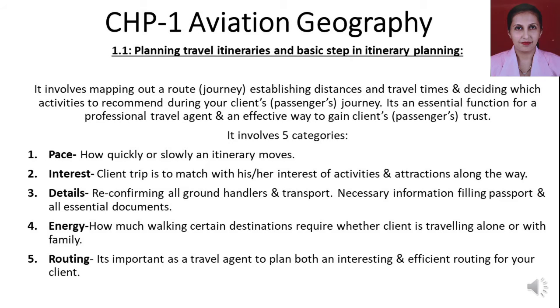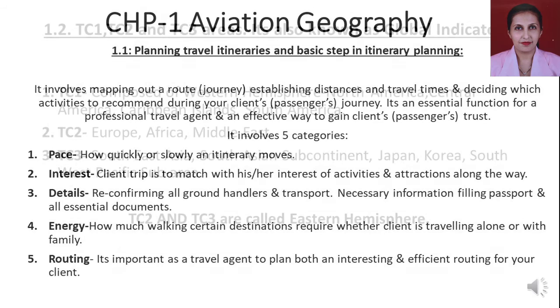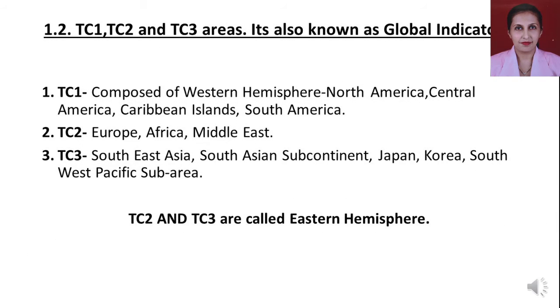We know, according to aviation as a subject or a discipline, the whole world map or the whole world is divided into 3 categories, and that is what is known as TC1, TC2 and TC3 areas.